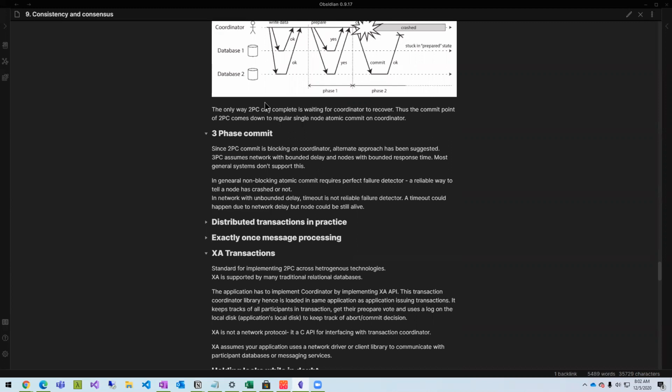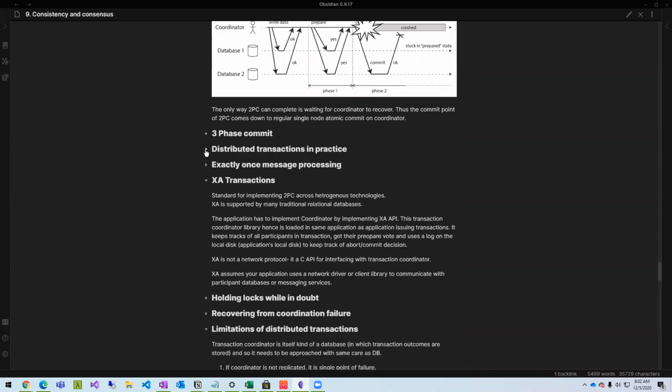As we know, it's hard to find systems which have bounded delays and bounded response time. Most systems are built on commodity hardware, where we don't have bounded delays and bounded response time. So that's why we cannot apply three-phase commit there.